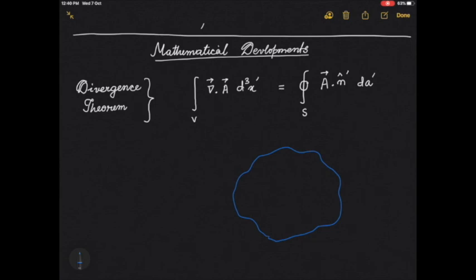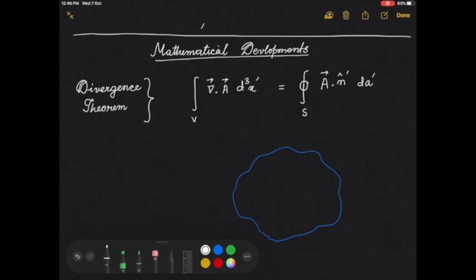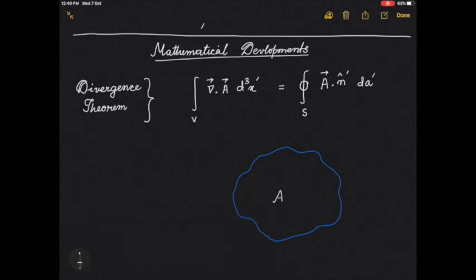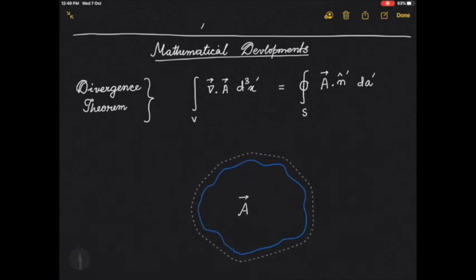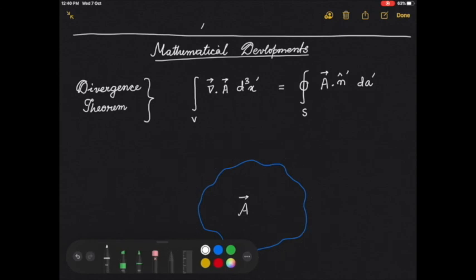So what I have drawn is a representation of a two-dimensional surface using that curve. Okay. Now, what is the left-hand side telling you? Left-hand side is telling you that there is this A which is known everywhere inside the volume.